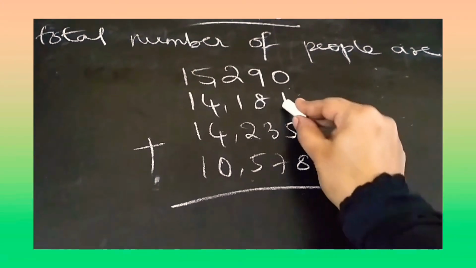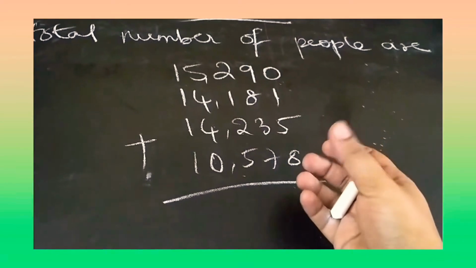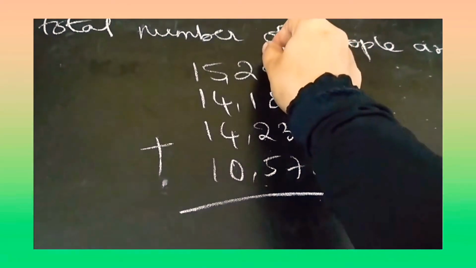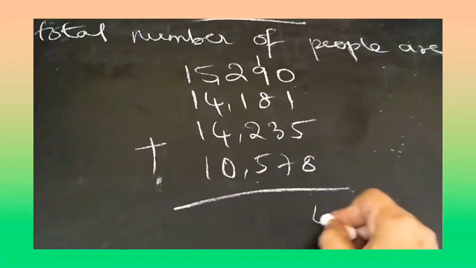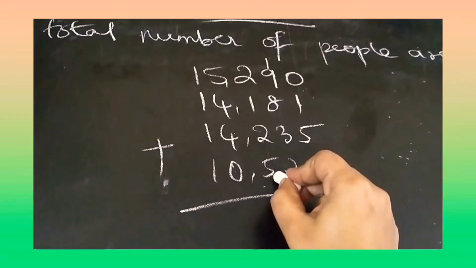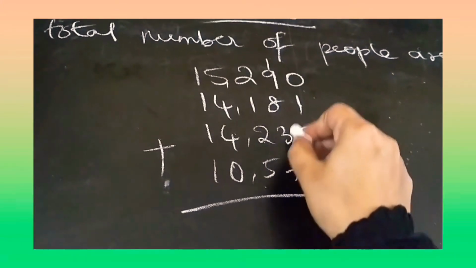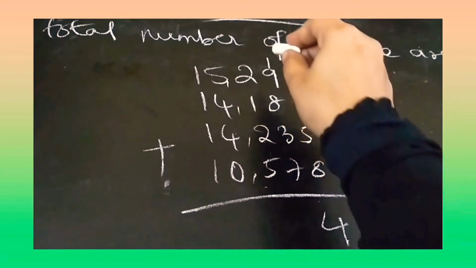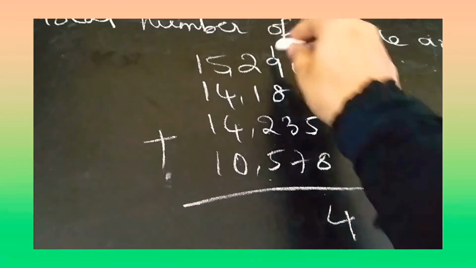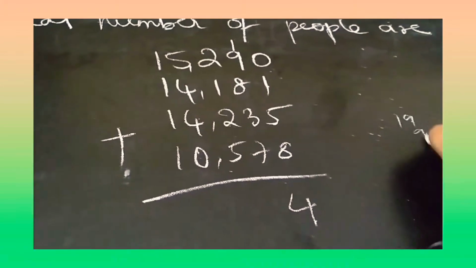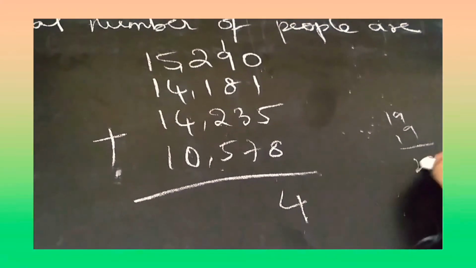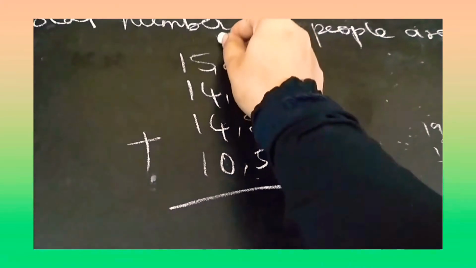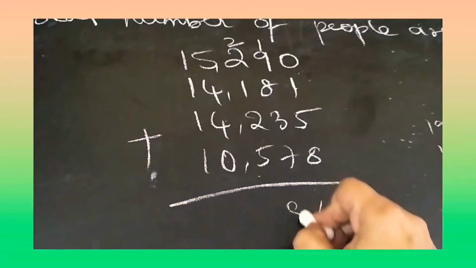Okay, 8, 9, 10, 11, 12, 13, 14. It is 14. Okay, 1 we will write here, then 4 here. Okay, then 7, 8, 9, 10. It is 18. Okay, 18, then 19. Okay, what is 19 plus 9? It is 28. Okay, 2, 8.